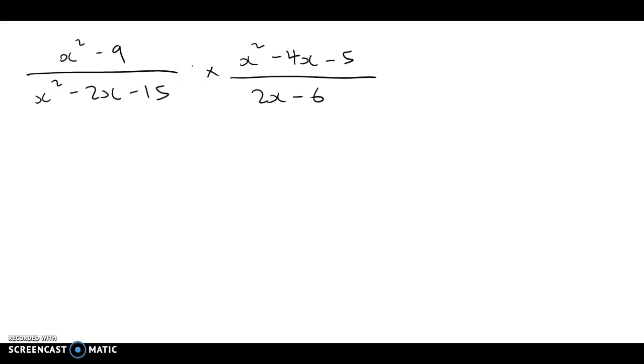So let's look at the numerator on the first fraction on the left hand side. X squared minus 9 we can turn into x minus 3, x plus 3. That's a difference of two squares. The denominator of the left hand fraction, let's use PSF.